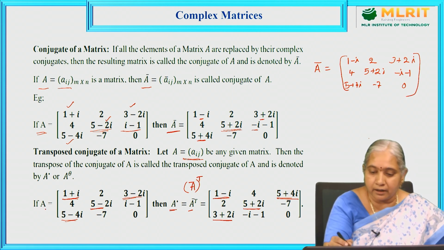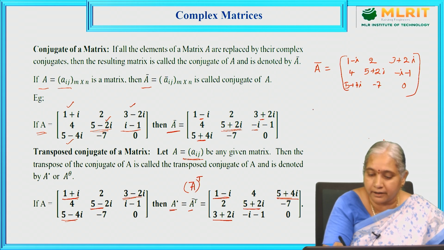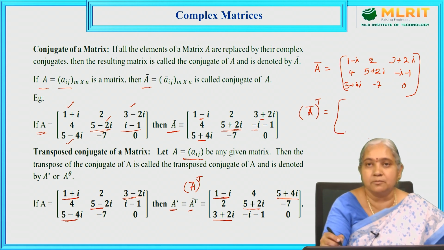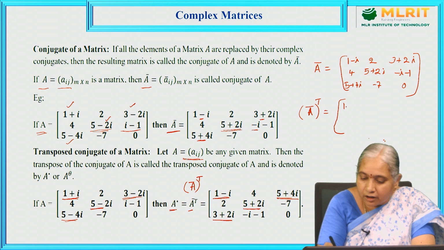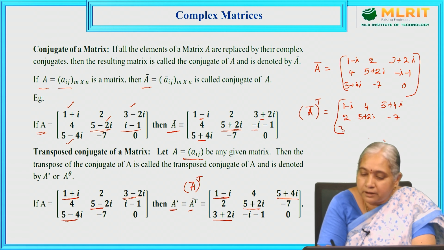Now we find the transpose of the conjugate matrix, and it is denoted by A bar whole transpose. Transpose means interchange the rows and columns. So the first column is 1 minus i, 4, 5 plus 4i, 2, 5 plus 2i, minus 7, 3 plus 2i, minus i, minus 1, 0.